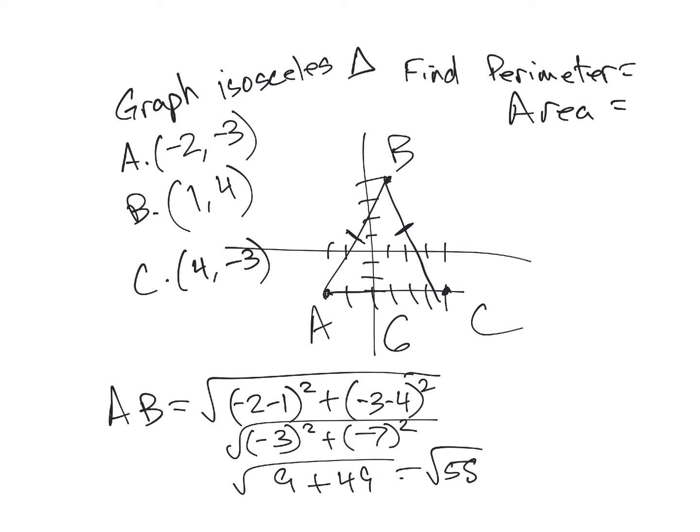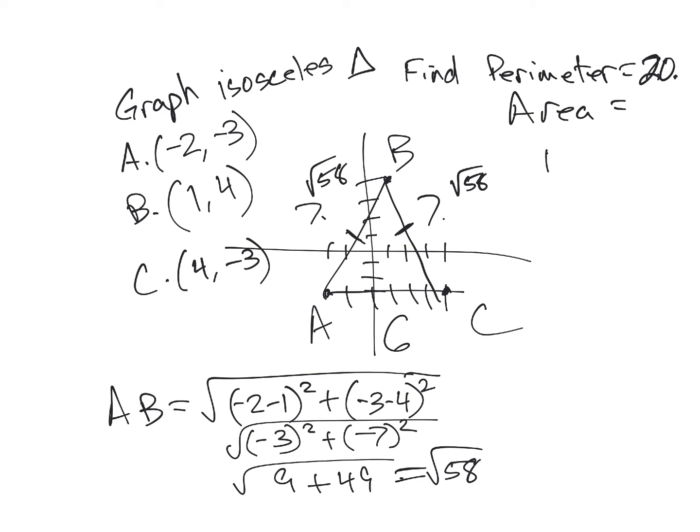Square root of 58 is 7 something. So 6 plus 7 plus 7 is 20 point something. So your perimeter is 20 point whatever it is on your calculator, because this was the square root of 58 here and the square root of 58 here.